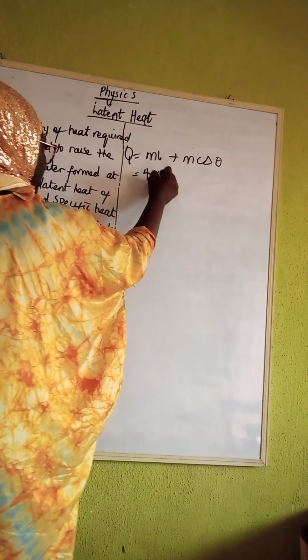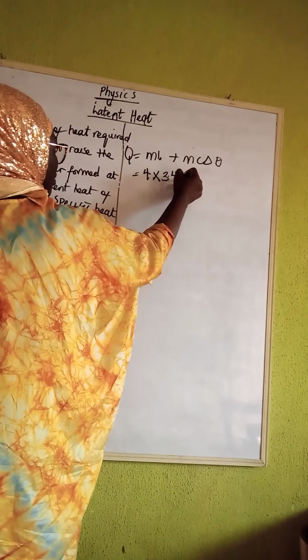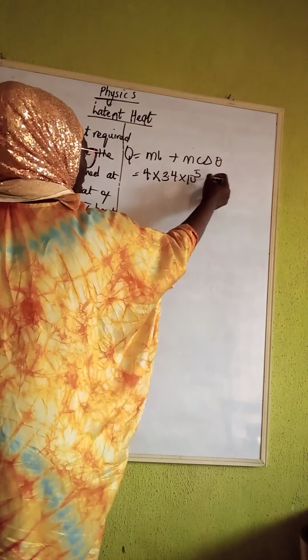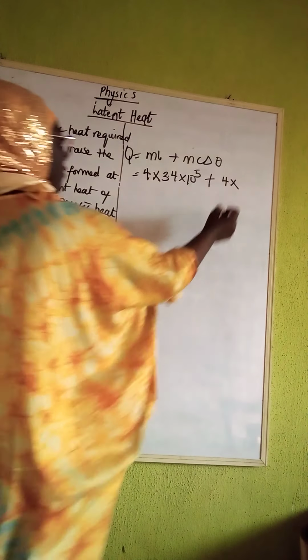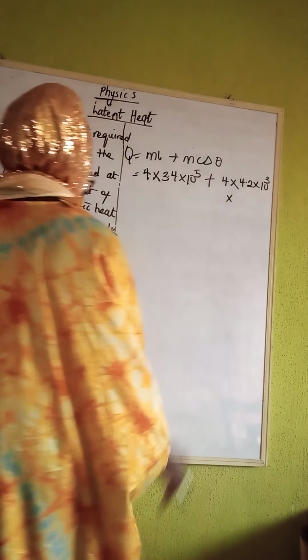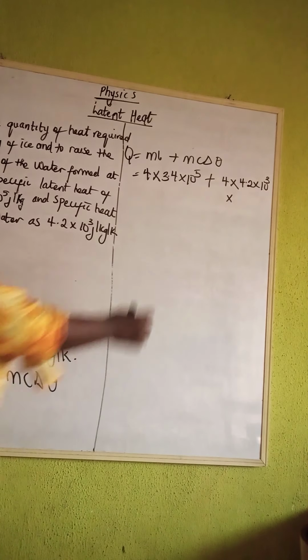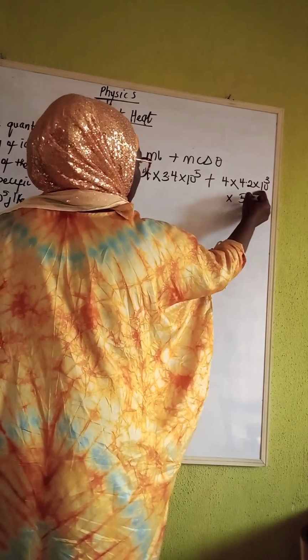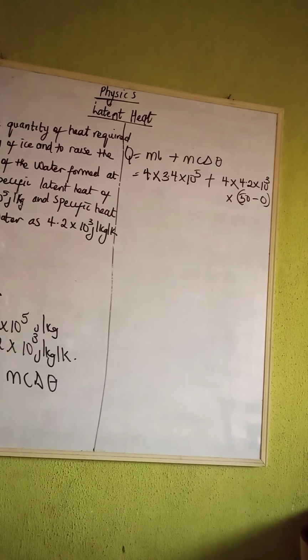That will be 4 times our latent heat, 3.4 times 10 raised to power 5, plus the same 4 times the specific heat capacity, 4.2 times 10 raised to power 3, times our change in theta, which will be 50 minus 0. Did you get the illustration? Look at it well. ml plus mc change in theta.